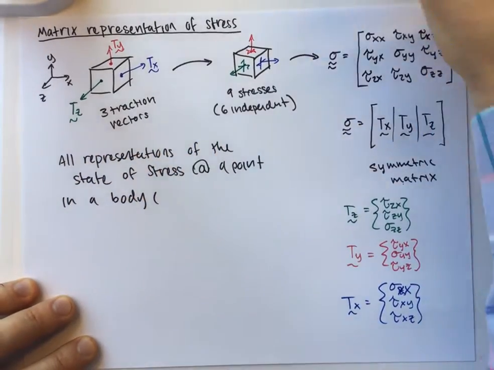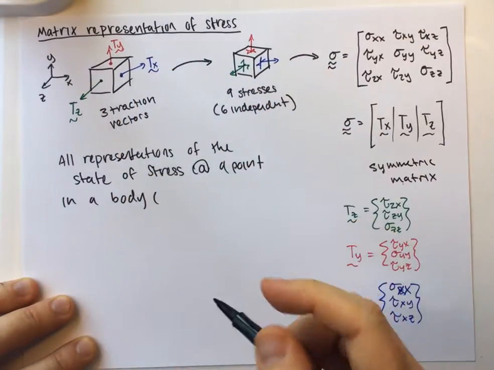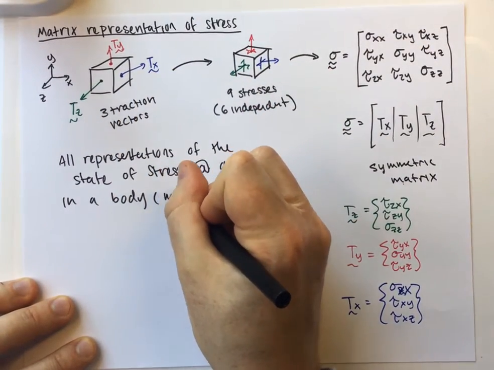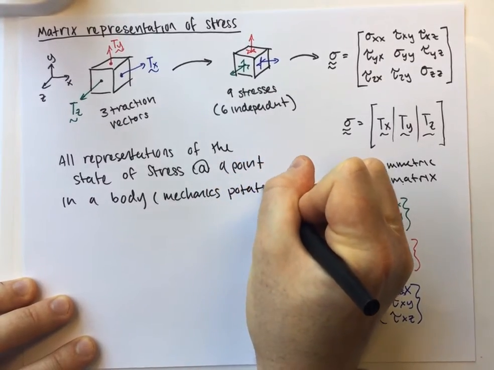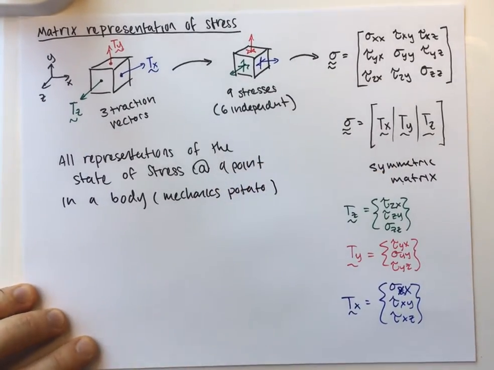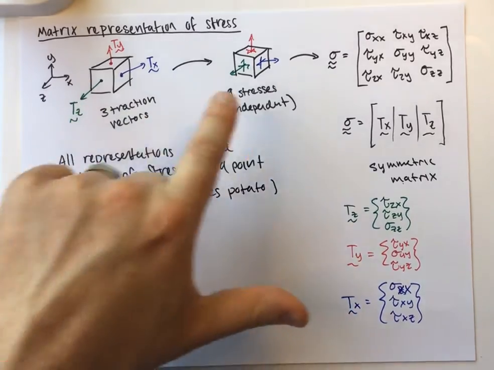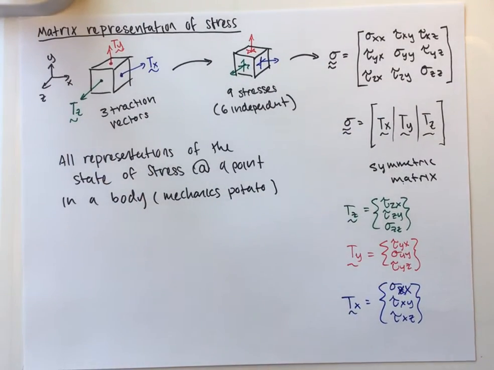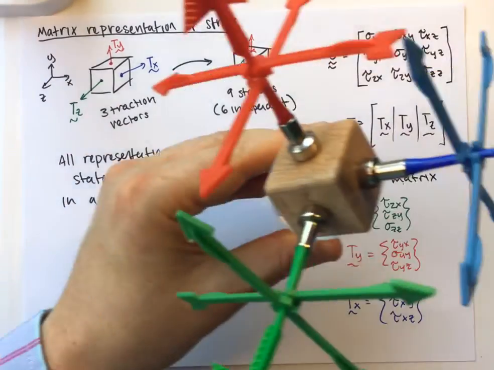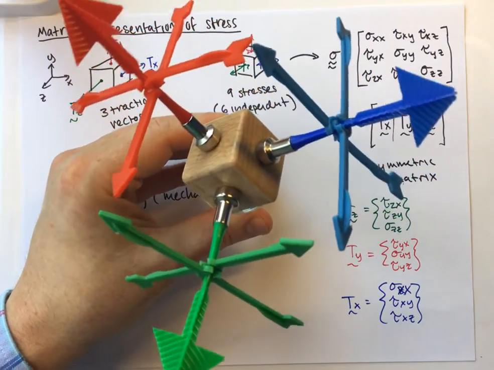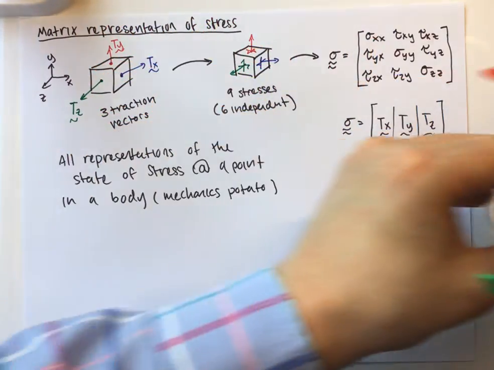In this case, it was our trusty potato. So it doesn't matter which way you think about the stress. They're all the same. It's all equivalent. And the picture, like we have it here, and the matrix are just telling you the same thing.